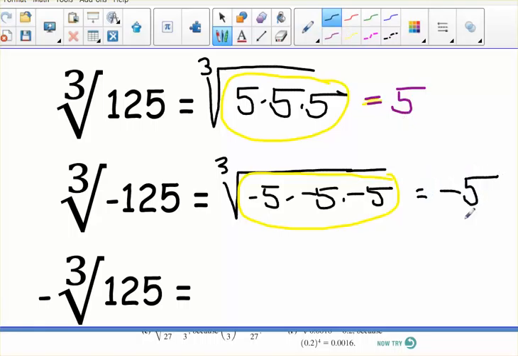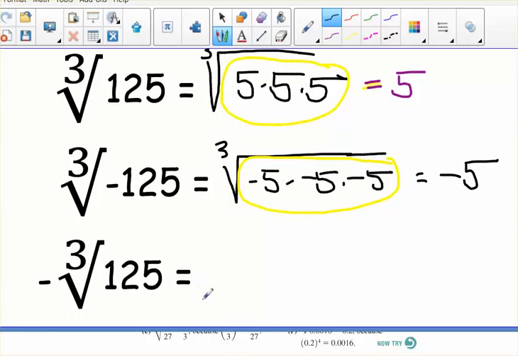And then this last one down here, you'll see this quite often as well, where the negative is sitting outside of the radical sign. And so what it's asking you to do is to find the cube root of 125 and then place a negative in front of it. So again, we've already decided that 125 is actually 5 cubed.